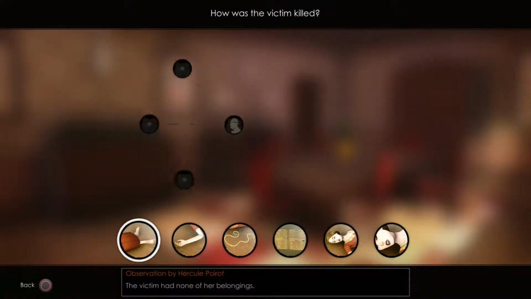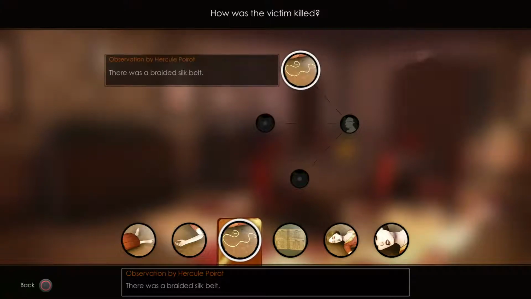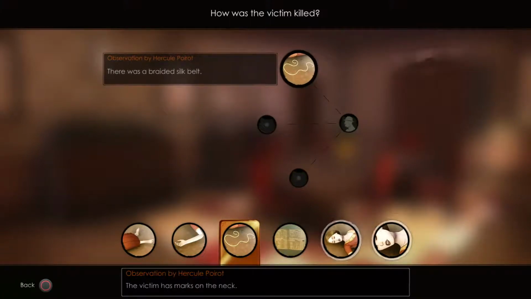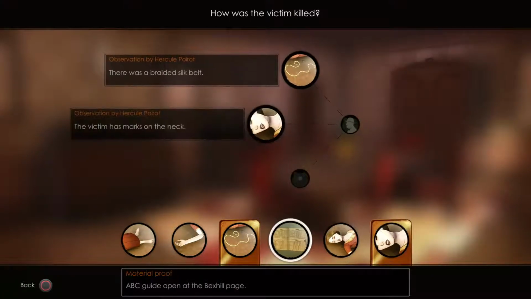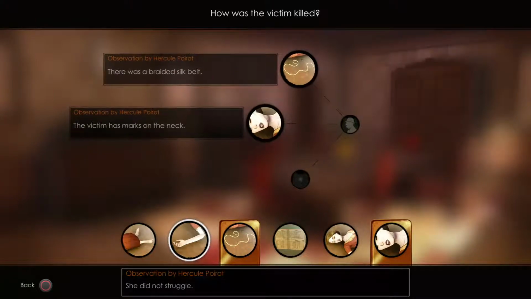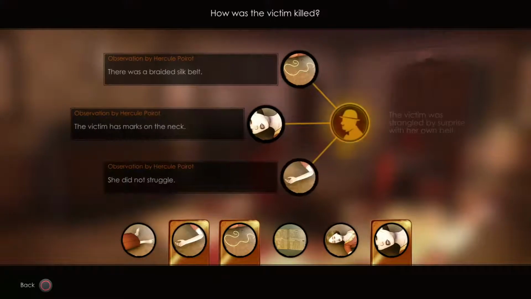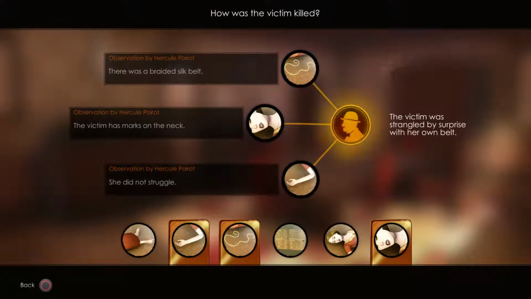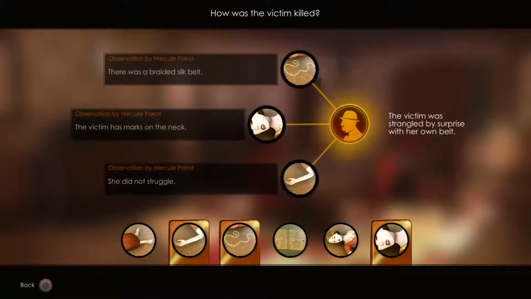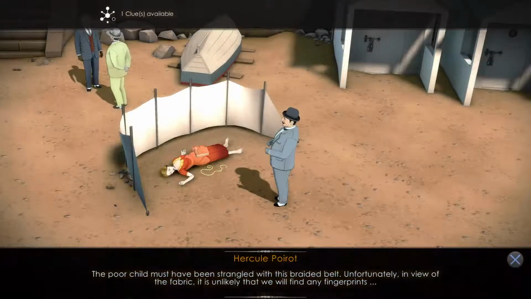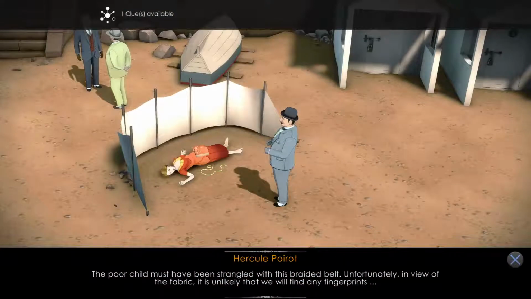How was the victim killed? The poor child must have been strangled with his braided belt.